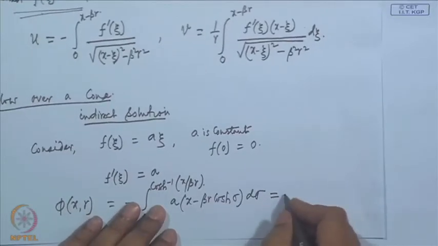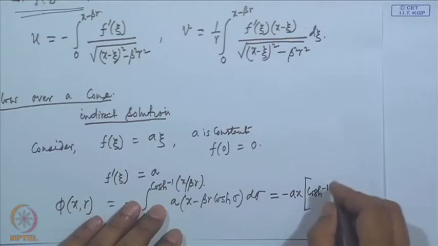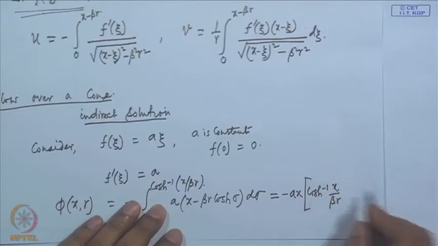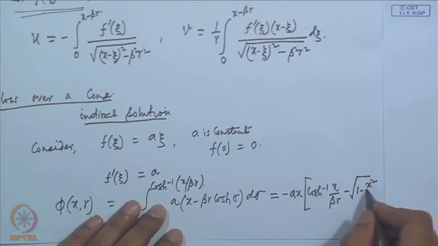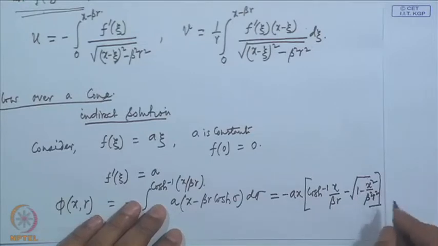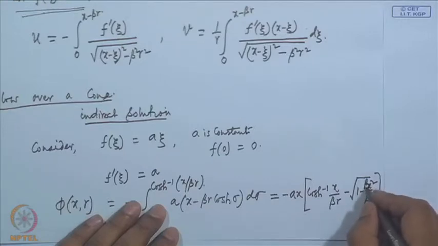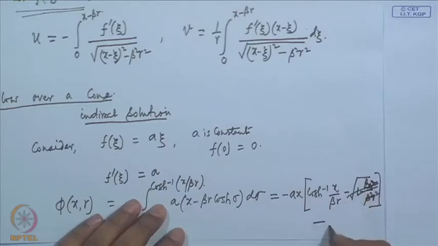Which can be written as minus a x cosh inverse x by beta r minus square root of 1 minus beta square r square by x square.